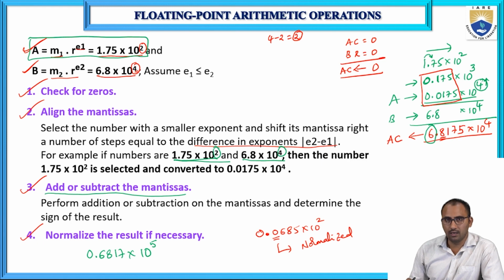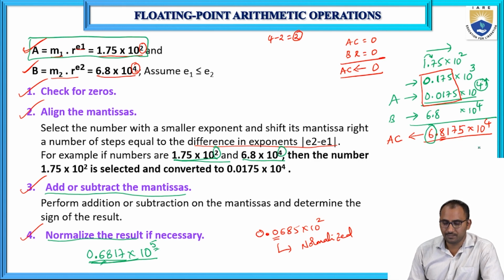So that is the concept here. So this is a normalized result, because after the decimal point I have a non-zero value, and it also doesn't have any overflow, because I performed a shift right operation on the previous result.